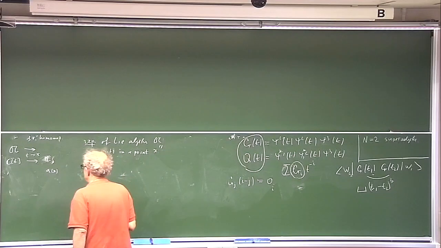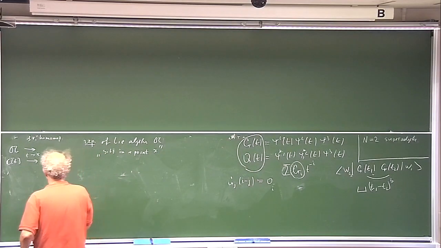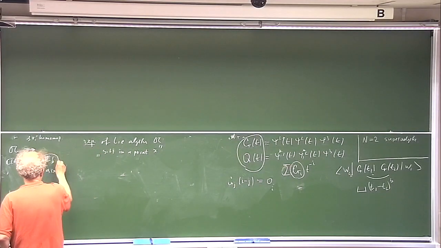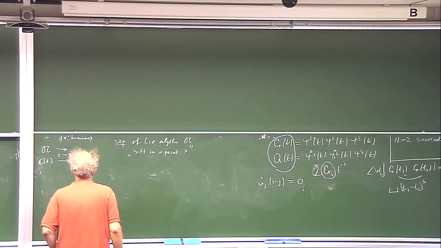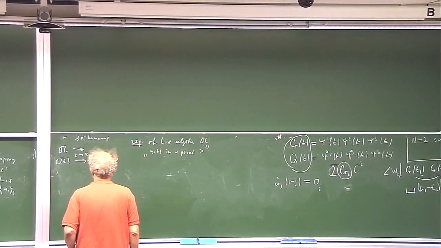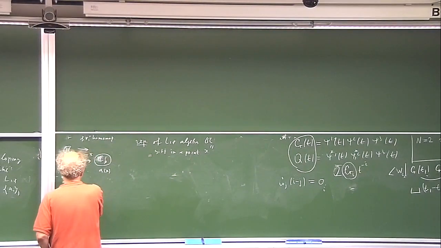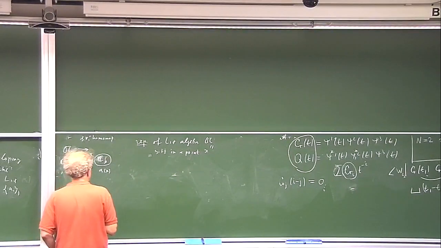What does it mean? It means that I can take the one-dimensional algebra here, consider any representation of this one-dimensional algebra, and this homomorphism gives me a representation of my algebra A.